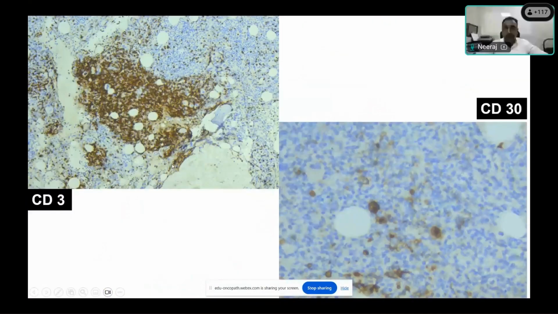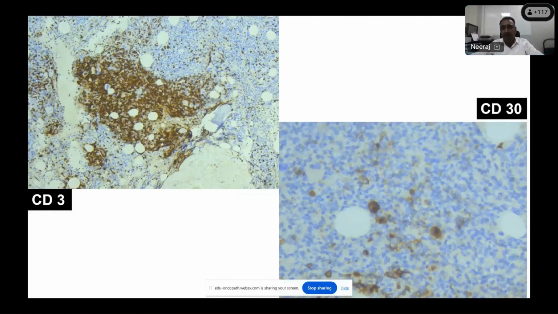On further characterization, you see a nodule of CD3, and some of the large cells are showing CD30 positivity. In a case of Hodgkin lymphoma, with this kind of nodule or infiltrate in the bone marrow showing CD3 and CD30 positivity, you know that you are dealing with Hodgkin involving the bone marrow.